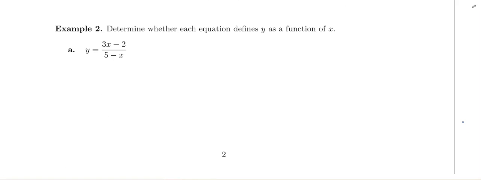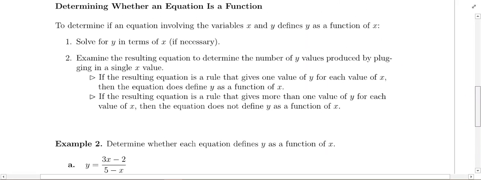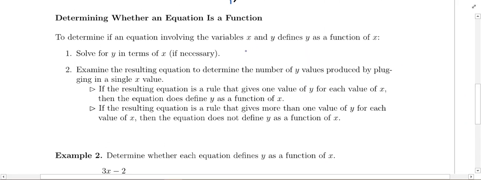The first thing the directions said to do is solve for y. I'll go above here in the instructions and jot that down. You want your equation to look like y equals on one side, and then the other side can only have x's.